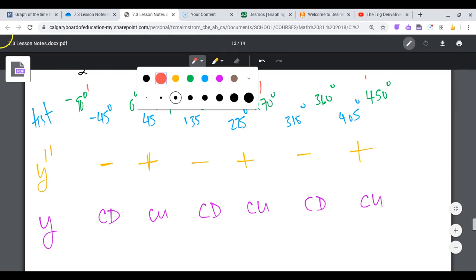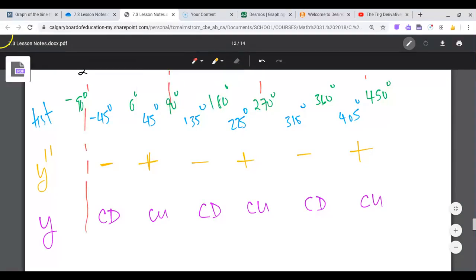Okay, and what I will do now is carry those vertical asymptotes down. So I have a vertical asymptote happening at the negative 90, the positive 90, 270 out here on the extremes. So that means that between the 45 and the 135 that I tested, even though it went from concave up to concave down, that can't be a point of inflection.